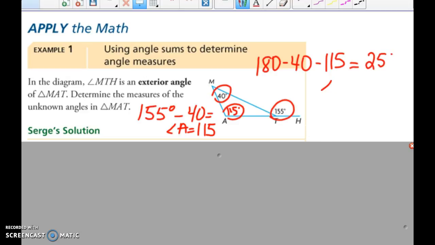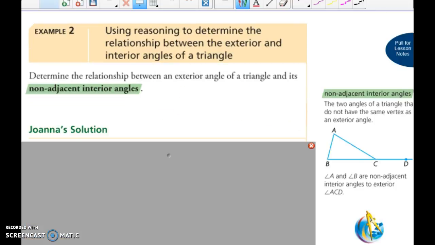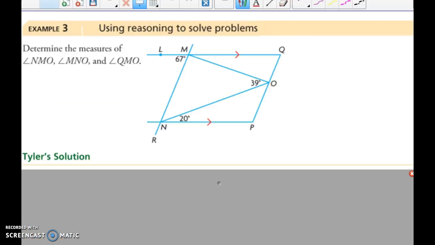So now we know angle T is equal to 25. And just to double check, 25 plus 40 is 65 plus 115 is 180. Okay? So let's cruise over to example 3.